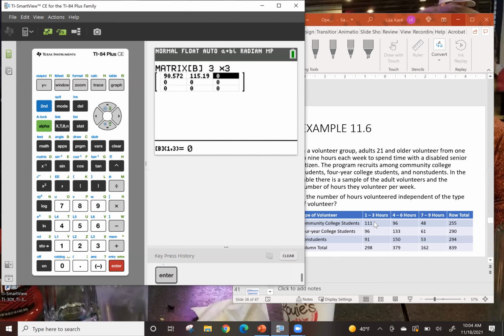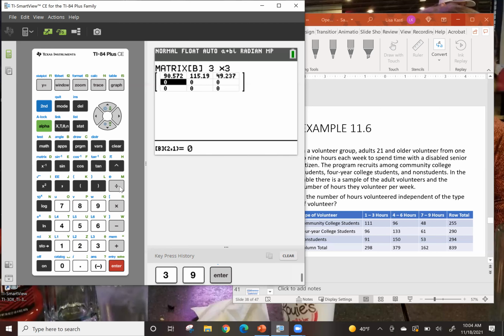So in the first row, the third category, 7 to 9 hours, the row total is 255. The column total is 162. We're going to divide that by the total, which is 839. Okay, and then we do the same thing for the second row.